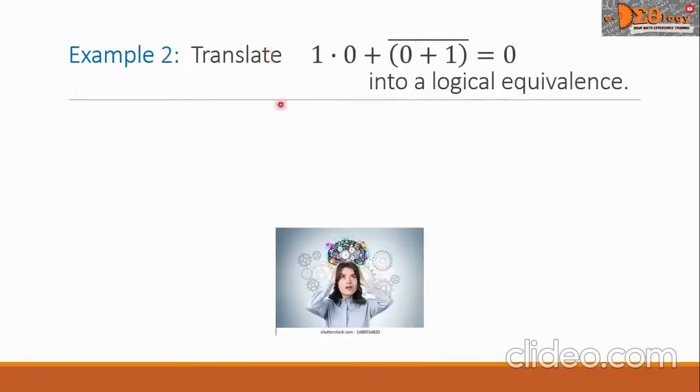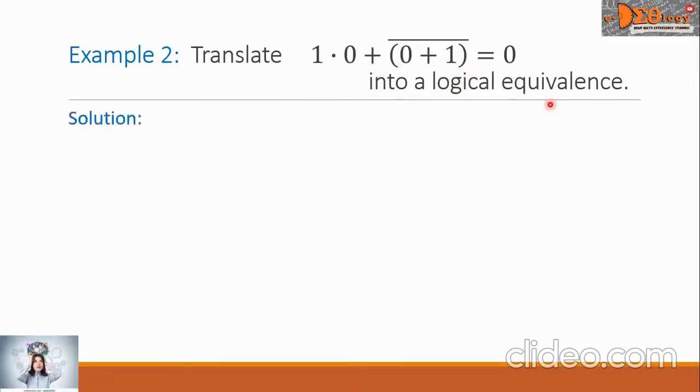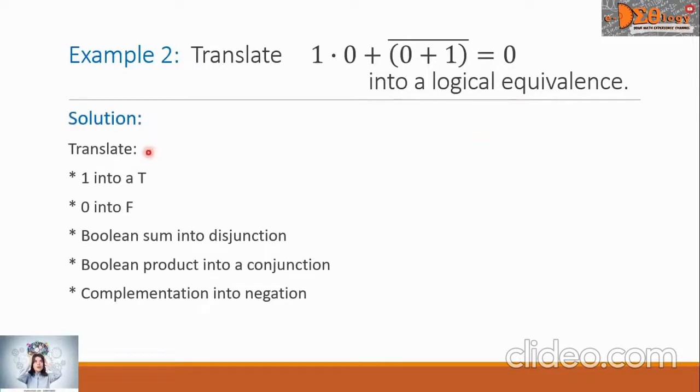Example 2. Translate 1 times 0 plus the complement of the quantity 0 plus 1 equals 0 into a logical equivalence. For our solution, let us translate 1 into a t, 0 into f, Boolean sum into disjunction, Boolean product into a conjunction, complementation into negation.